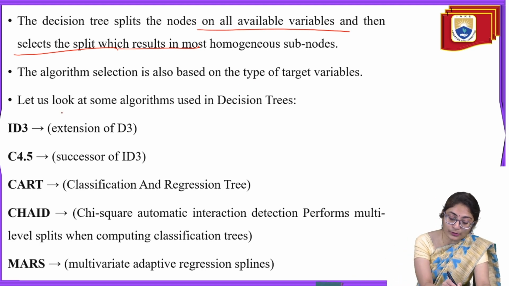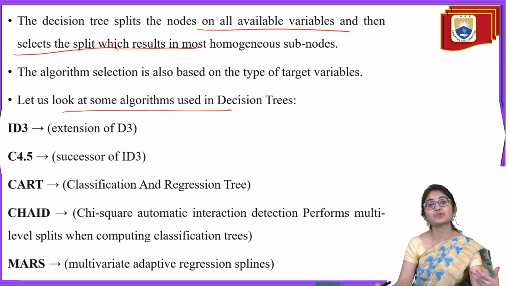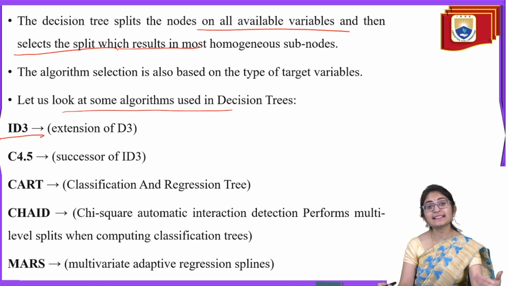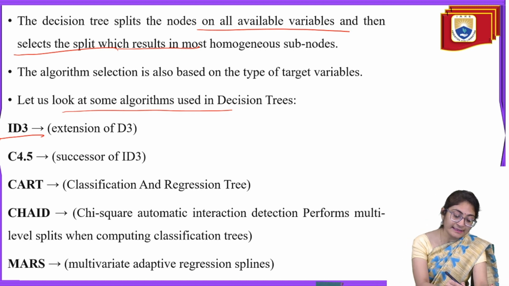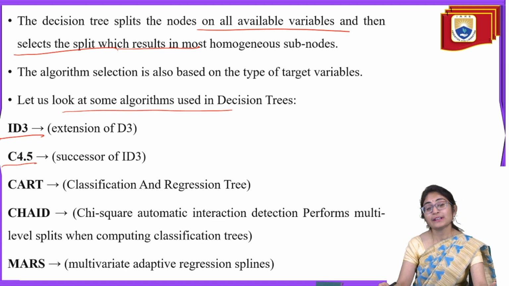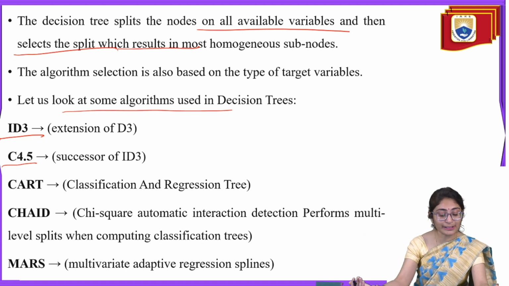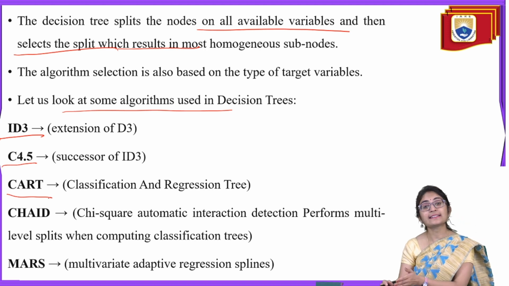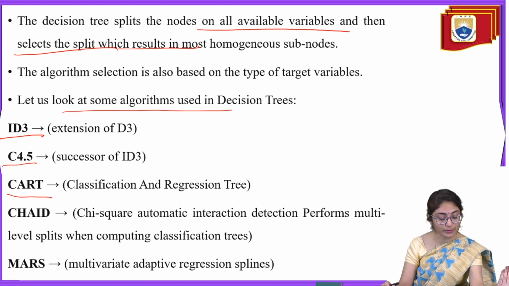Let's look at some of the algorithms which are used in the decision tree, like ID3, which is the extension of the D3 algorithm. Then C4.5, which is the successor of the ID3 algorithm. Then the CART algorithm, which is the Classification and Regression Tree algorithm.